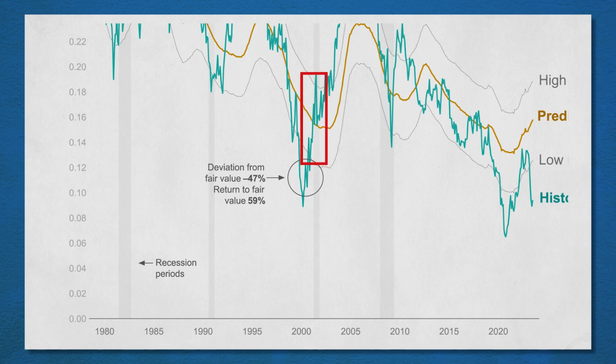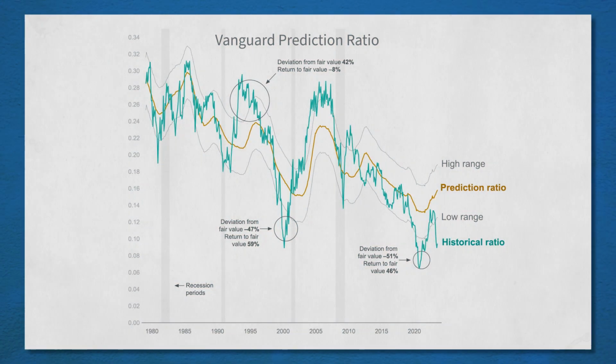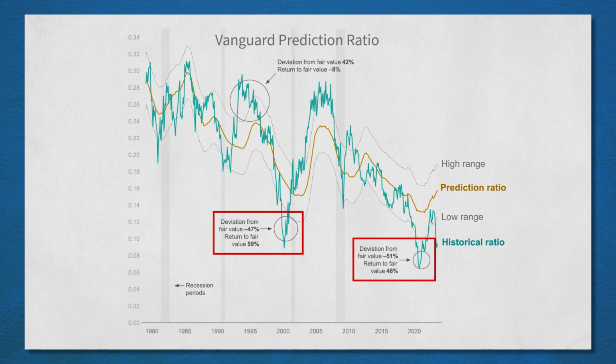Well, the line starts to go back up to its prediction ratio. Now, why is that? Vanguard does not know something that others don't, but what they're saying is, hey, things trade in a range over time, and when it starts to get out of a range, you can expect things to start coming back in line just based on the price you're paying for assets. And so going back to this chart, when you have the line drop incredibly low, what does it look like to come back to normal?